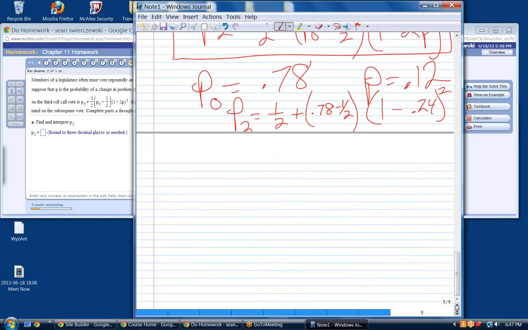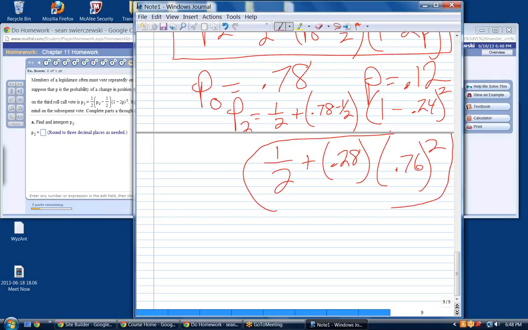Do you have a calculator in front of you? Let's see what I can do here. That's 0.28 times 0.76 squared. If we can get an answer for that and round it to 3 decimal places, we'll have our answer.